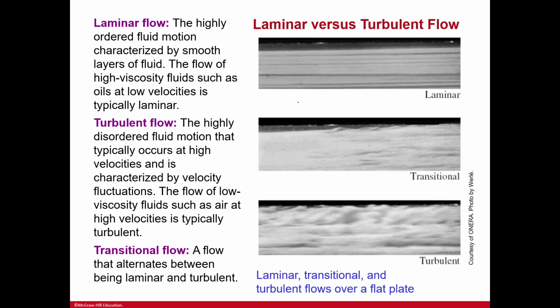Laminar flow. So that's a highly ordered fluid motion characterized by smooth layers of fluid. The flow of high viscosity fluids, such as oils, at low velocities is typically laminar. And so when you think of laminar, think of it as just smooth, right?